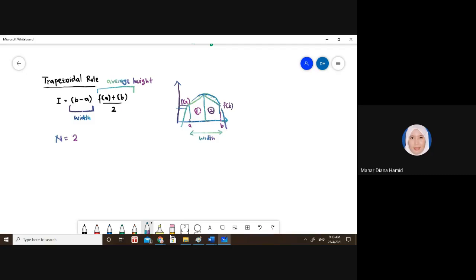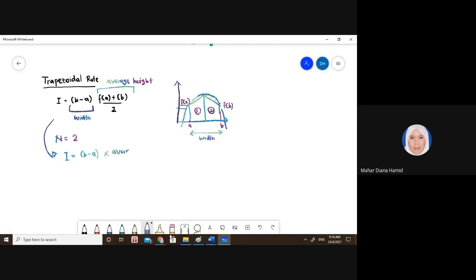If you refer back to this particular formula, for Newton-Cotes integration, we can deduce that I, the integration of that particular function, is actually b minus a, which is the width, times the average height.